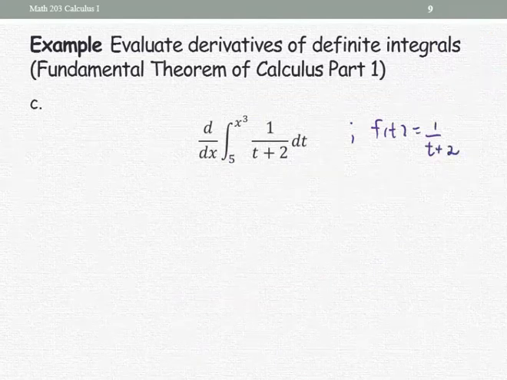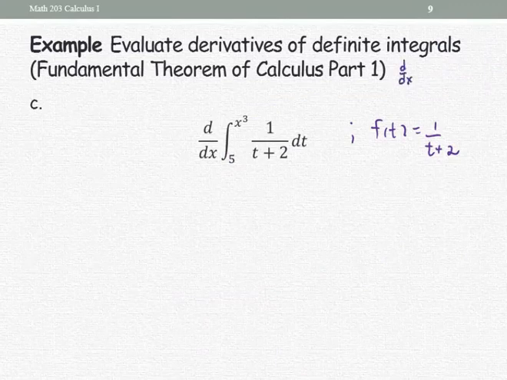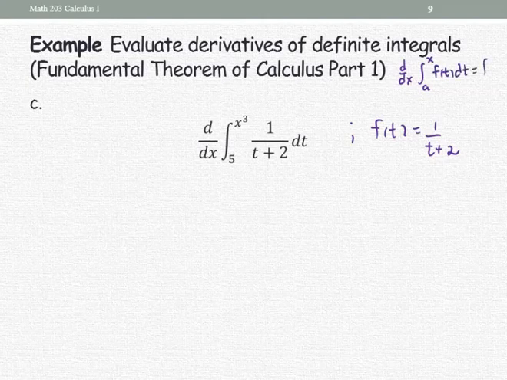And we recall the FTC part 1, which is the derivative with respect to x of the integral from the constant a to the variable x of the function of t with respect to t equals f of x. That means x here and x here have to match, or the upper limit and the independent variable must be the same. So then we can replace it over here.